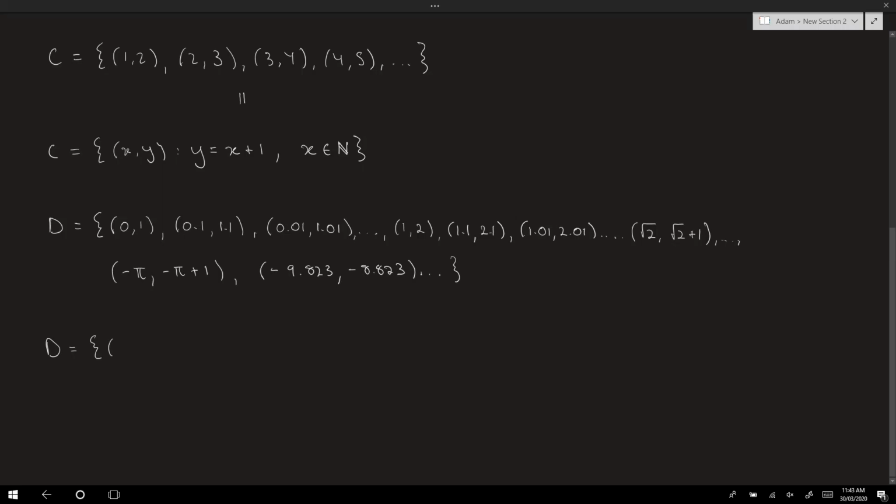So our set D is all the ordered pairs such that the y coordinate is equal to 1 plus the x coordinate. But here, x can be anything you like. Any number you choose. And we can be confident that for any number we choose for x, there's going to be a corresponding value for y, just based on the equation that we've got here. Just add 1 to it.